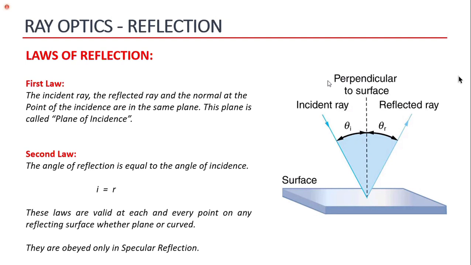That is your first law. You have seen here, this is your surface, this is your incident ray which is coming like this. At this point it is hitting. Now, at this point, I'll take a normal for this surface. This is your reflecting surface.